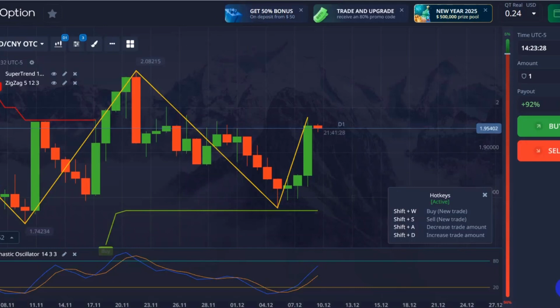So you basically are waiting for the candle to jump up, and then you put your lower end to go with the color of the candle because the sellers have the ball.